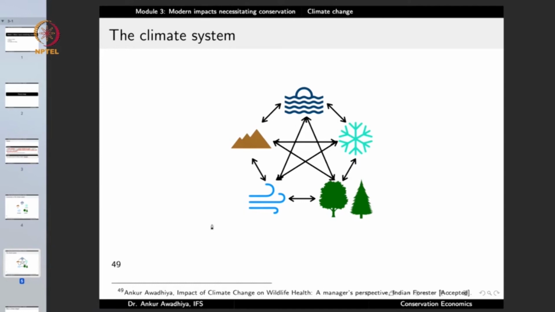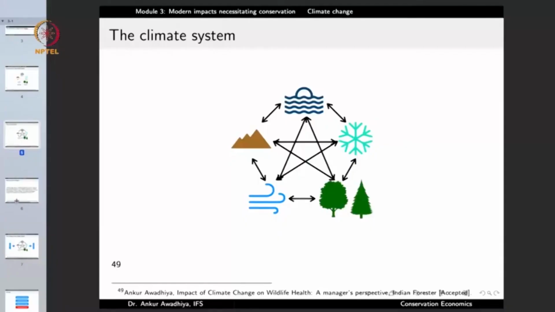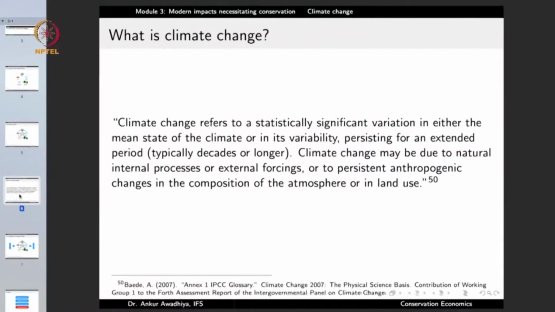So if climate is an average condition, why do we talk about climate change? We talk about climate change because even these averages are changing. So how do we define climate change? Climate change refers to a statistically significant variation in either the mean state of the climate or in its variability, which is persisting for an extended period of time, which is typically decades or even longer.